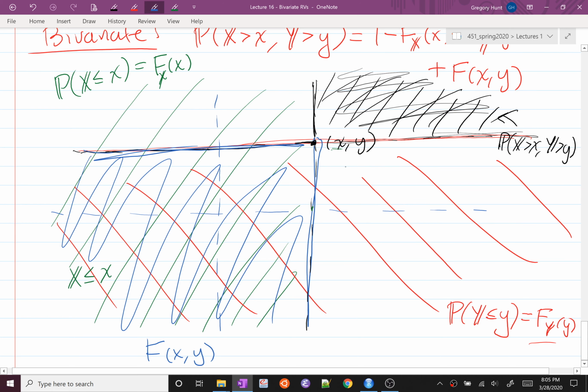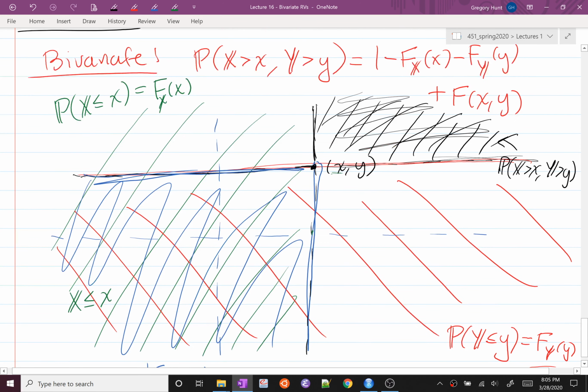It's the probability I'm both less than little x and less than little y. So I double counted that, and I have to add it back in. So I take 1, which is the total probability, subtract off the probability of one section, subtract off the probability of the other section, whoops, I've double counted, and add back the joint, the probability of that blue square here.